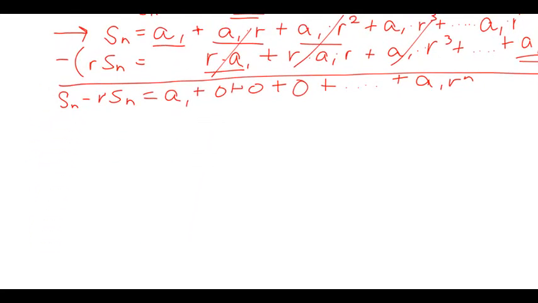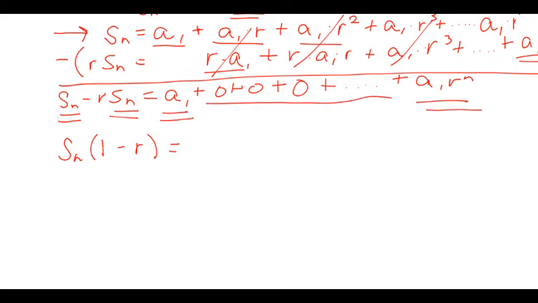Okay, so I'm going to use my knowledge of GCFs to simplify this a little bit. I noticed that S sub n is a GCF on the left side of the equation, and that would give me S sub n times 1 minus r, or the sum of the series, is equal to a sub 1, and then all of this is gone, right? So I don't need any of this, and the GCF of my remaining terms is a sub 1. To get them back, I would do 1 minus r to the n.